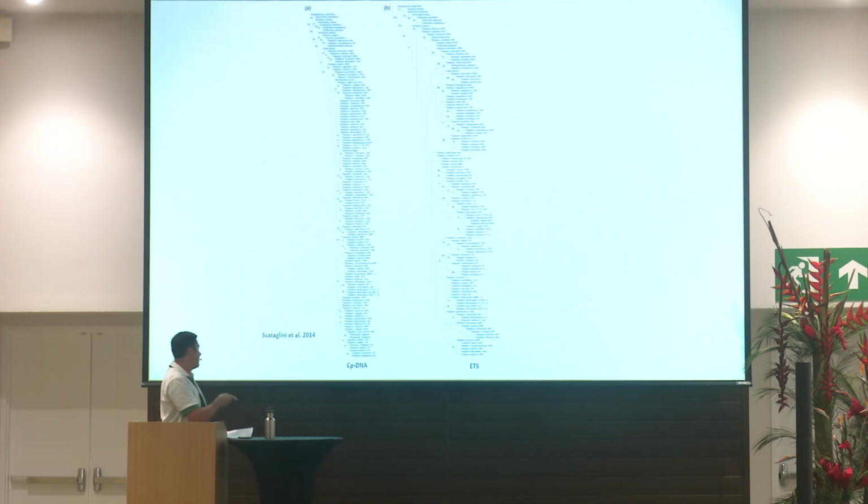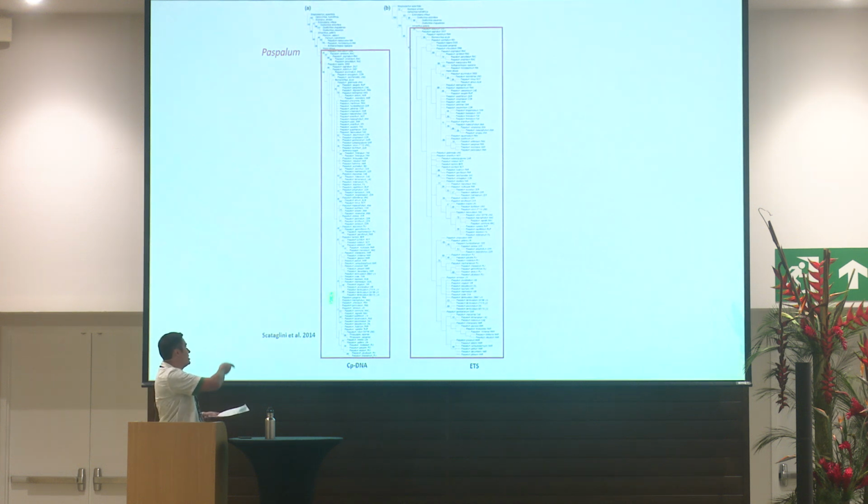Scataglini and co-workers published in 2014 another phylogenetic study focused on Paspalum, in which they analyzed 131 terminals of Paspalum and related genera, using both plastid and nuclear DNA. Again, the plastid phylogeny yielded a poorly resolved tree, and the ITS marker provided a more resolved topology.